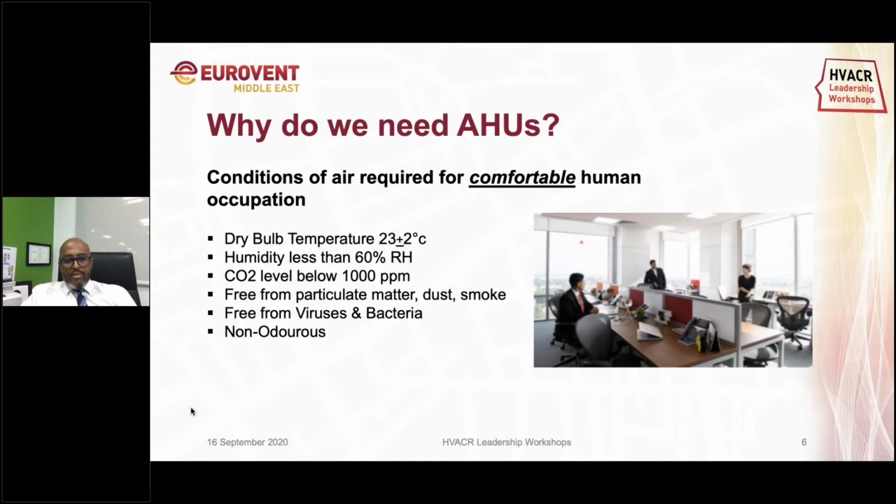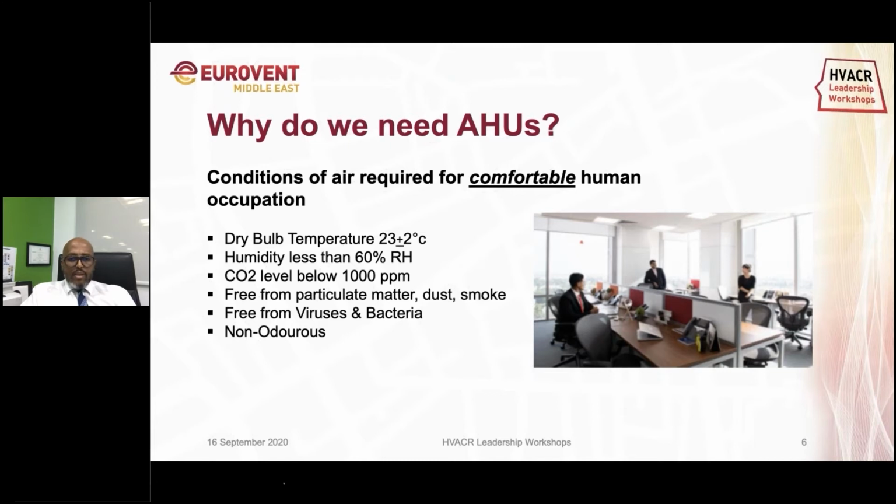Humidity less than 60% is considered comfortable. A CO2 level below 1,000 ppm is again considered a comfortable zone. The air has to be free from dust, smoke, particulate matter, bacteria and viruses, and be non-odorous. These are the criteria.